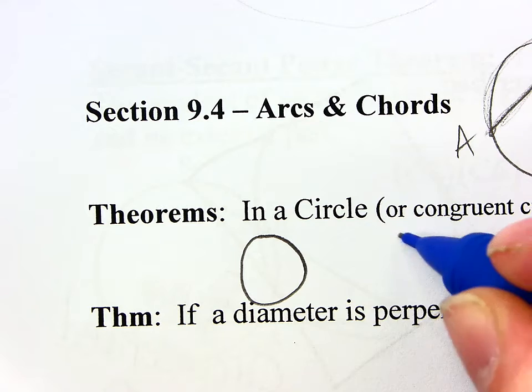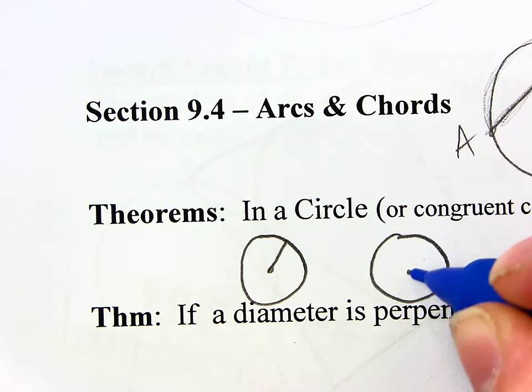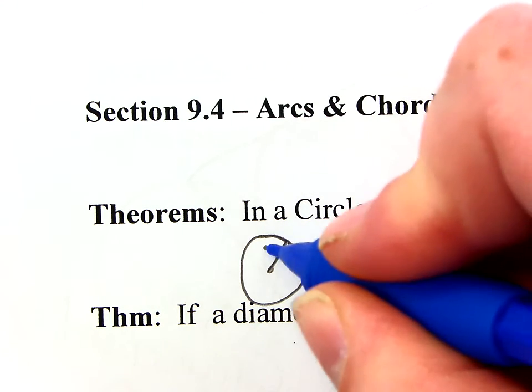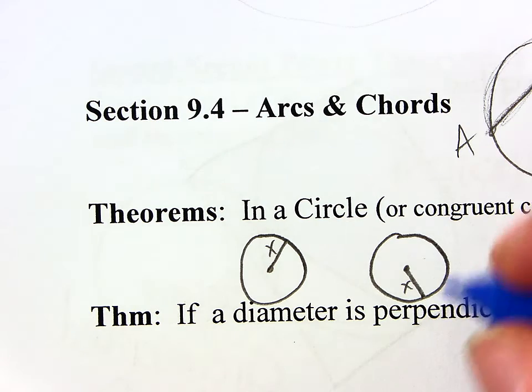I knew that these circles were congruent because they both have a radius of, who cares what, X. So I know I have congruent circles because I have congruent radii. So if I have any one of these things, this time let's say I had congruent chords to start out with.